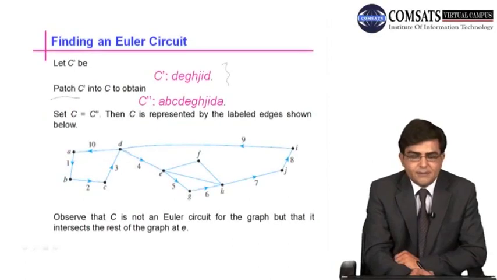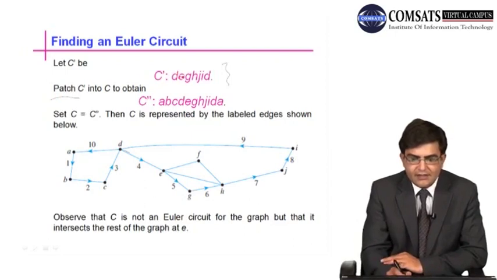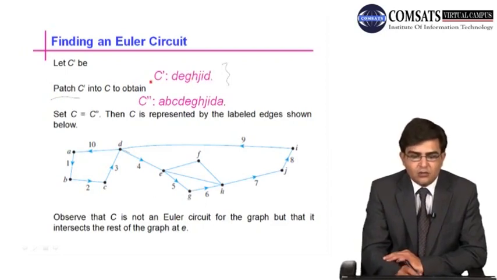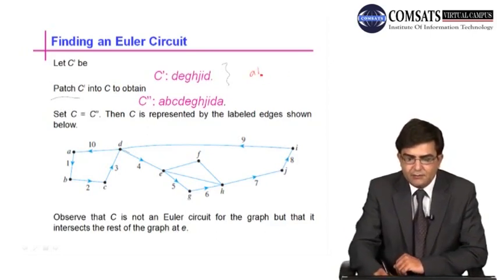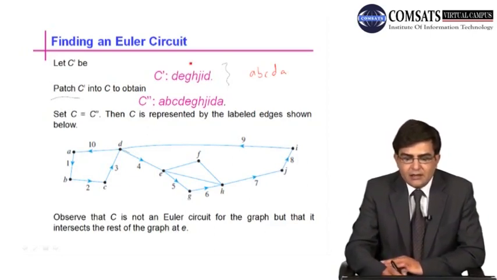So now patch up C dash into C. Here we have C dash. What is C dash? This is D, E, G, H, J, I, D. Now what was C? C was basically A, B, C, D, A. Now how to patch up C dash into C?